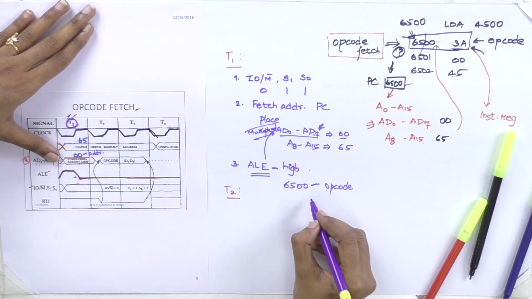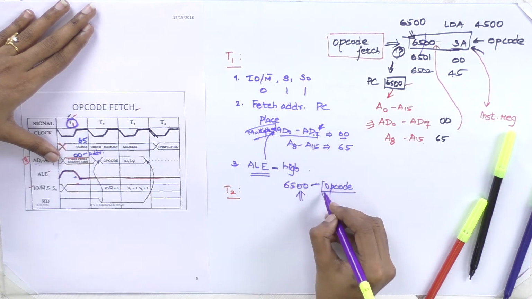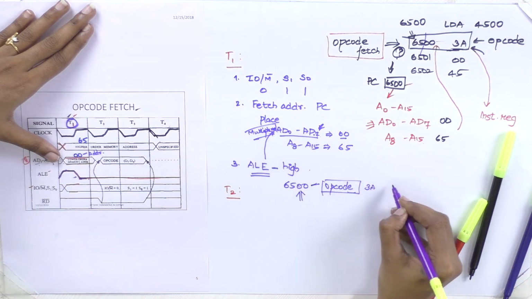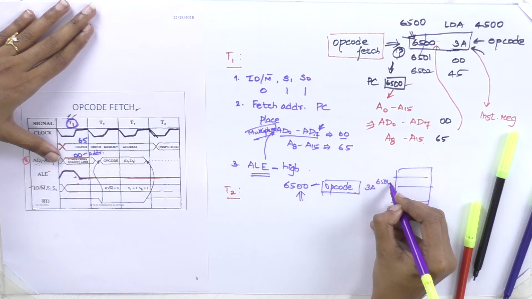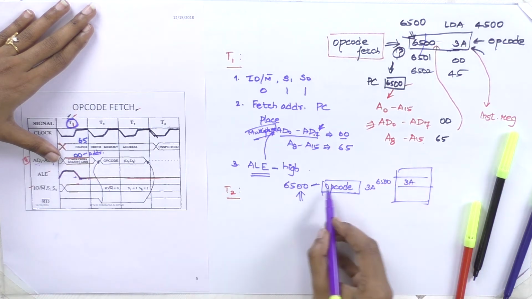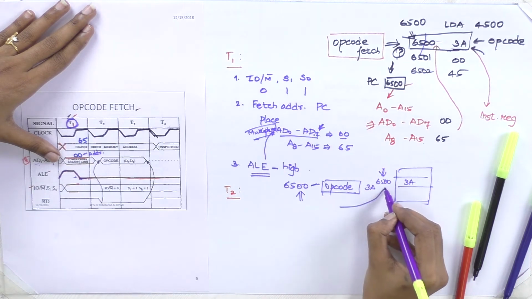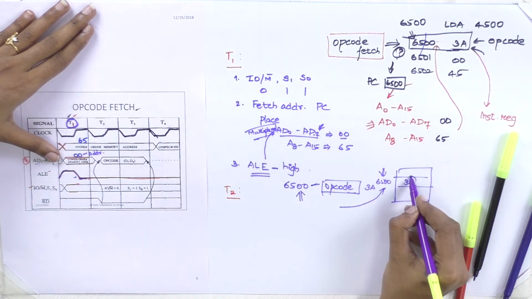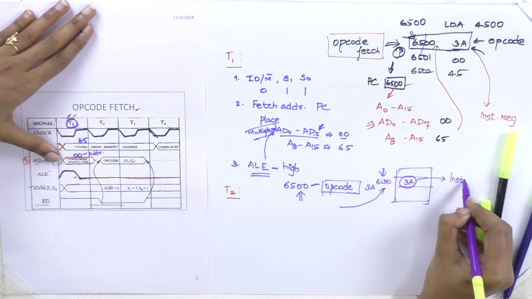Now the processor has to go to this location and take this opcode, which is nothing but 3A. It will be like memory location 6500, which has 3A. Now the processor has to move on to this 6500, take the opcode and place it in the instruction register.